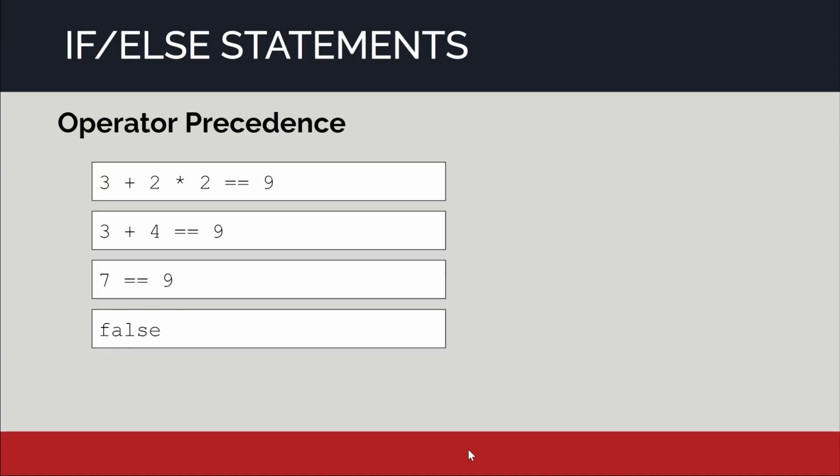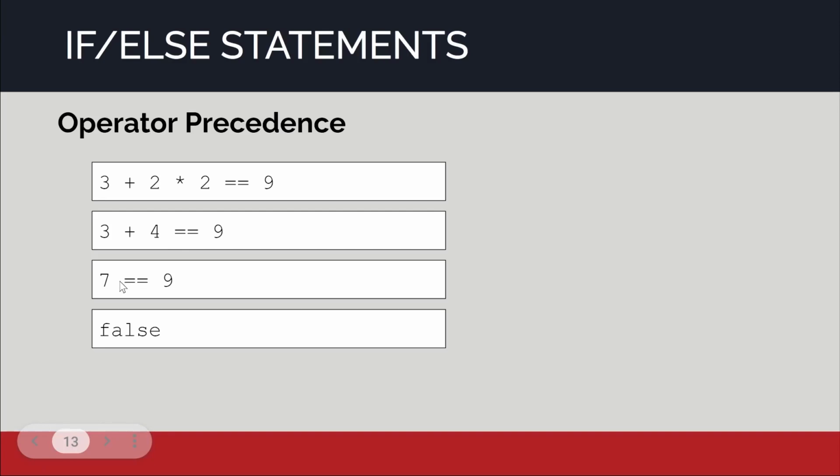So here's an example of operator precedence. We just have 3 plus 2 times 2 equals 9. And so in order of our operators in the previous table, multiplicative is the highest precedence here, so that's going to get evaluated first. So we have 4. And then additive is the next highest operator in that table.